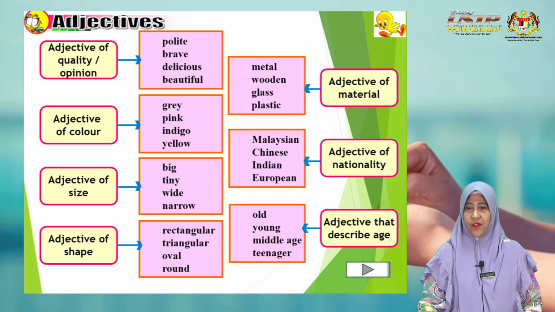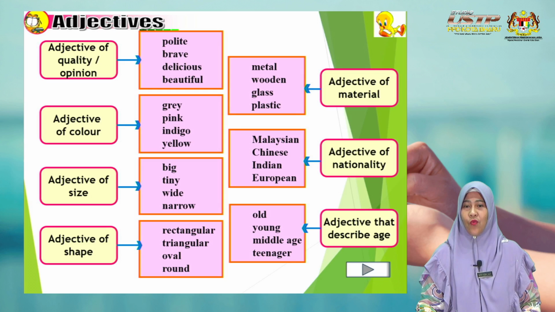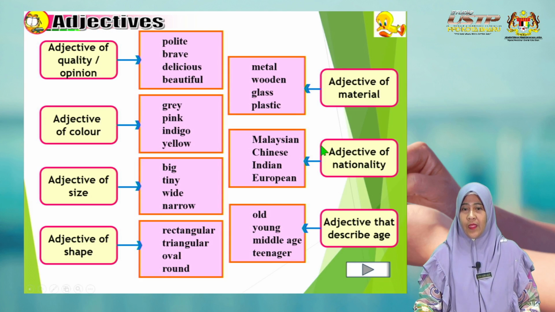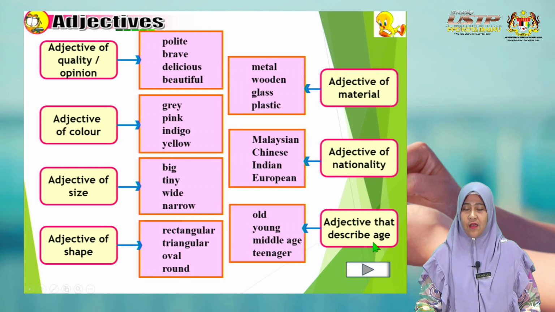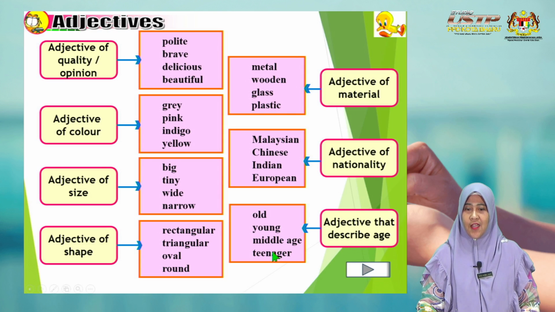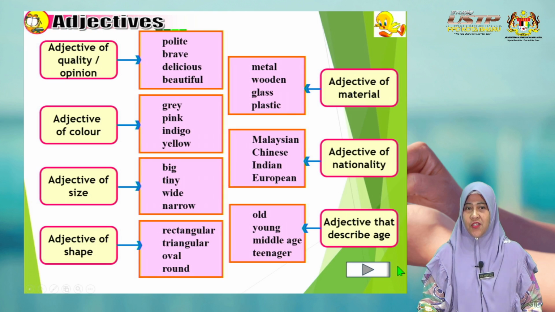Adjective of material: metal, wooden, glass, and plastic. Adjective of nationality: Malaysian, Chinese, Indian, European. Adjective that describes age: old, young, middle-aged, teenager.